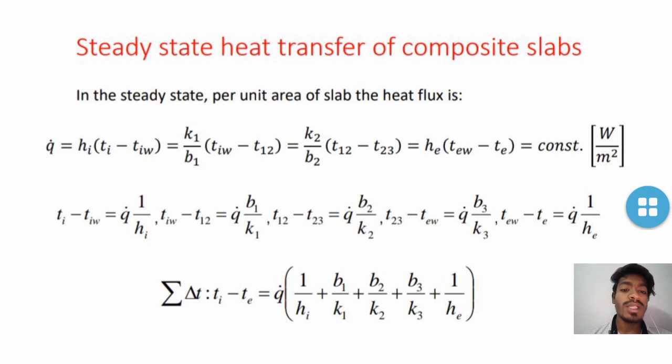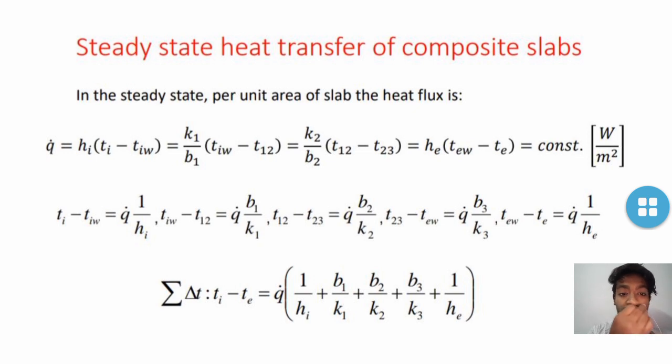So Ti minus Tiw equals q dot into 1 by Hi, and Tiw minus T12 equals q dot B1 by K1, and T12 minus T23 equals q dot B2 by K2, and T23 minus Tew equals q dot B3 by K3, and Tew minus Te equals q dot into 1 by He.